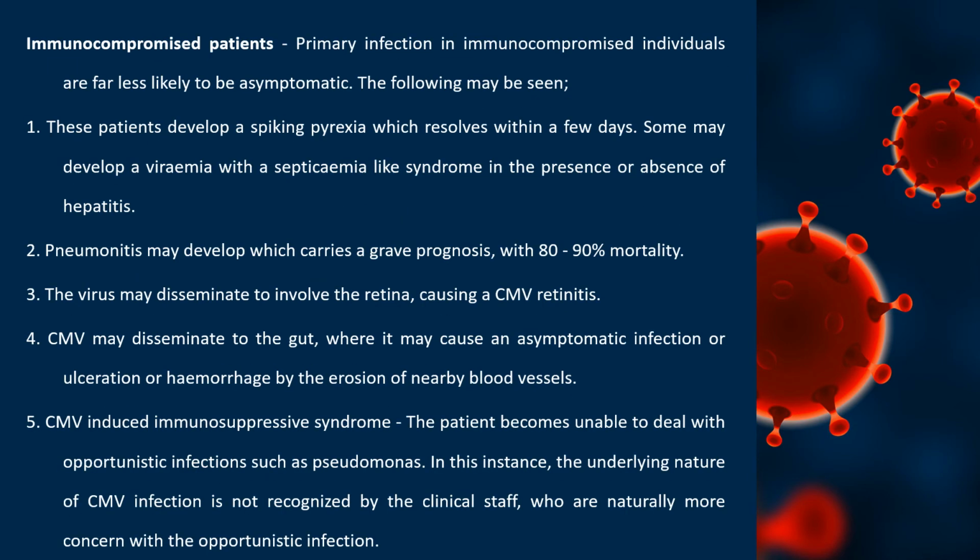In immunocompromised patients, it causes asymptomatic conditions. The conditions seen in immunocompromised patients are: the patients may develop a spiking pyrexia which resolves within a few days. Some may develop a viremia with a septicemia-like syndrome in the presence or absence of hepatitis. The next condition is pneumonitis, and next the virus disseminates to involve the retina, causing CMV retinitis, which leads to blindness.